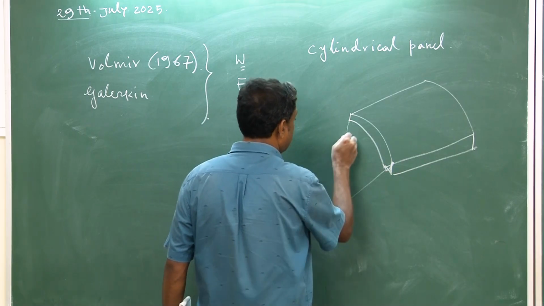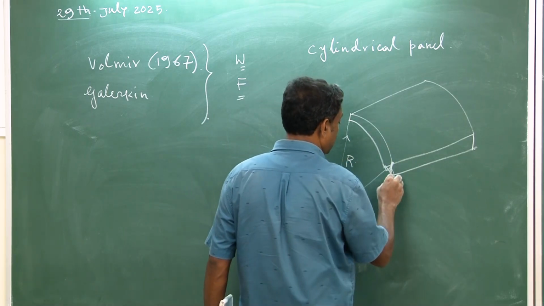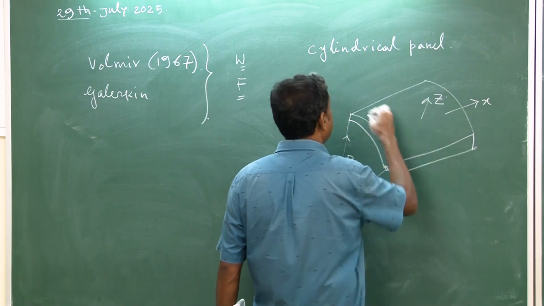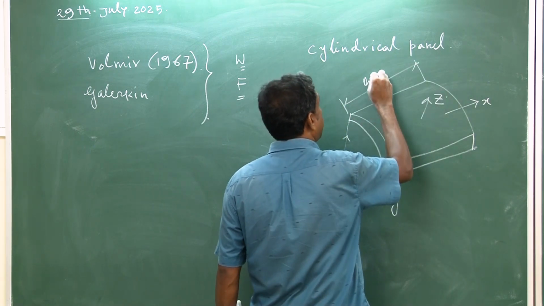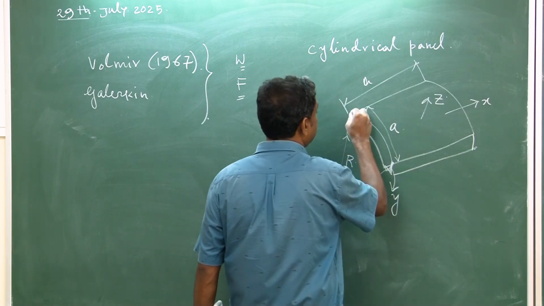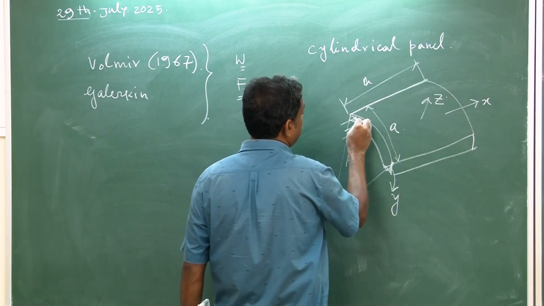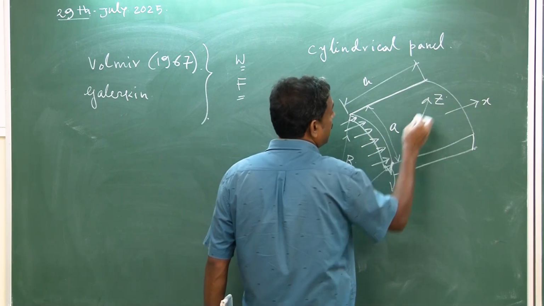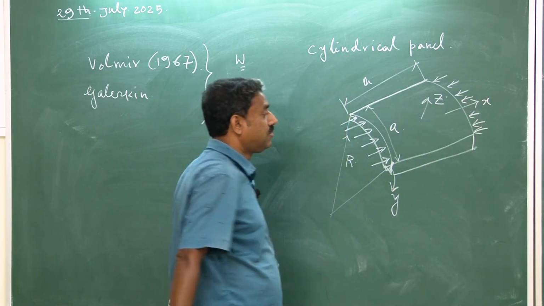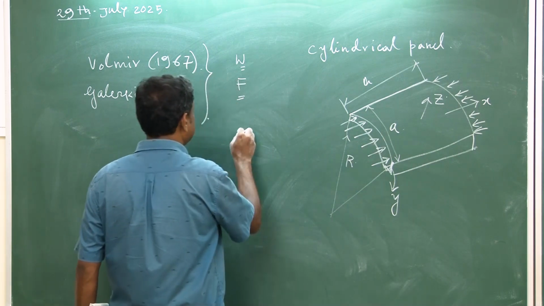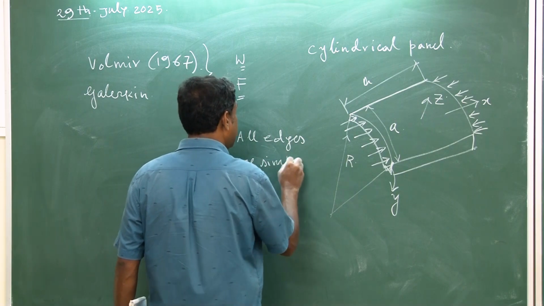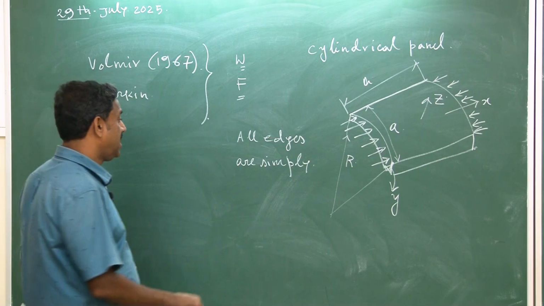This one is R, this one is Y, this one is X, and this one is Z. We are going to consider that this side is length A and this side is also length A, both sides of length A. We will assume it is subject to axial compression force, and all the edges are simply supported, because that will simplify the assumption of the solution.